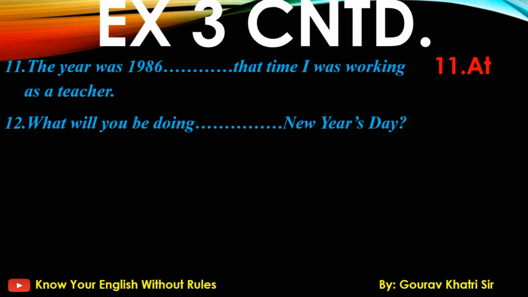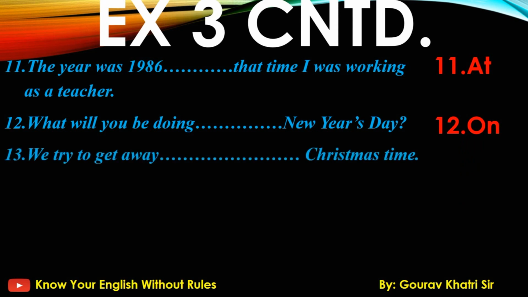The next one. What will you be doing dash New Year's Day? Give the answer. Yeah, right. What you will be doing on New Year's Day, on that particular day, so it is on New Year's Day. Next one. We try to get away dash Christmas time. Well, it is about the duration of the Christmas.